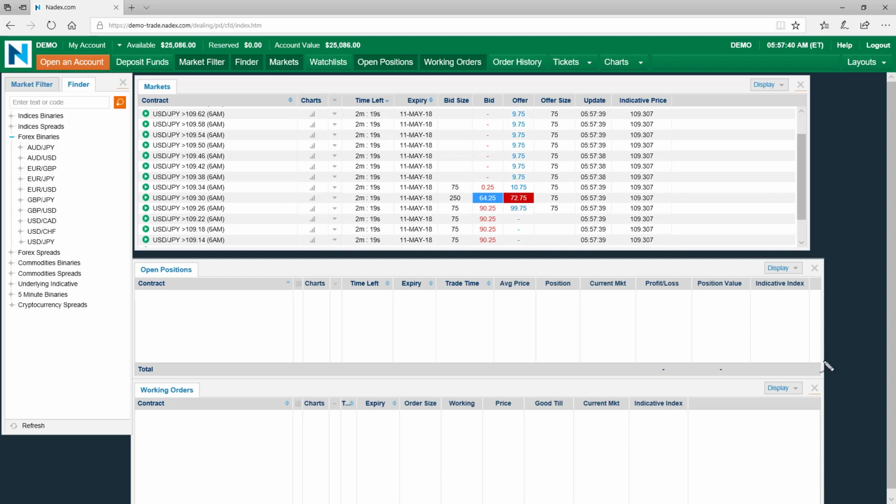Now, I just want to point out, I want you to notice this is less than 1 pip above the 109.30 strike. This is important to realize, because when we start looking at the next set of binaries, that's where you're going to see a difference. So at 109.307, the premium is at 72.75.